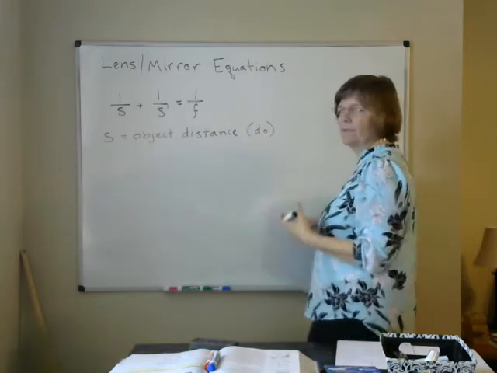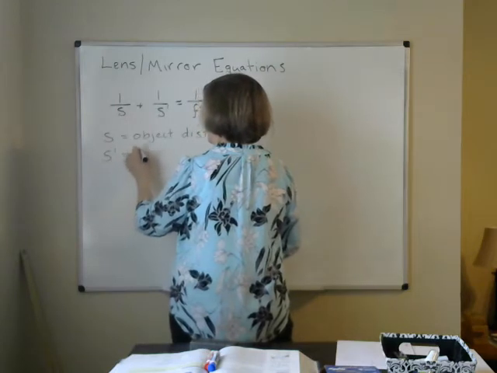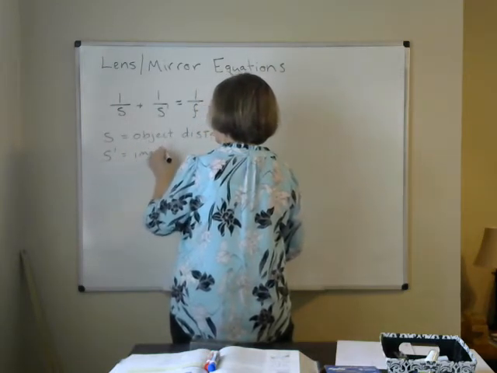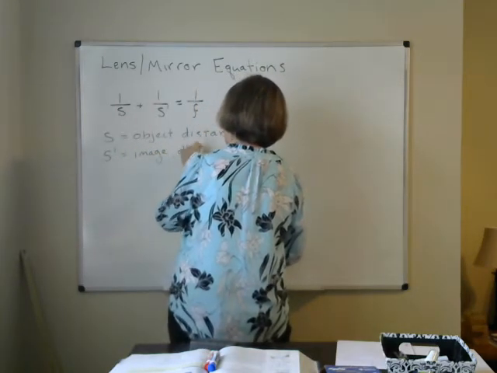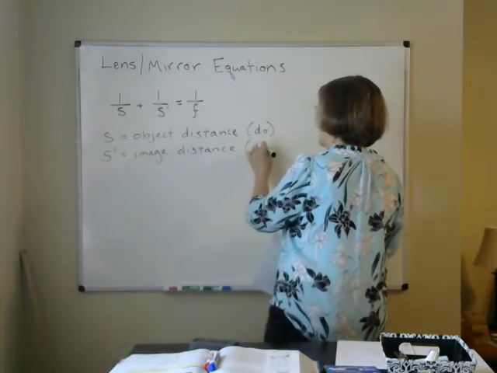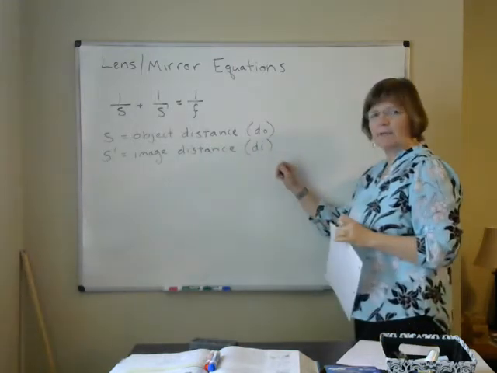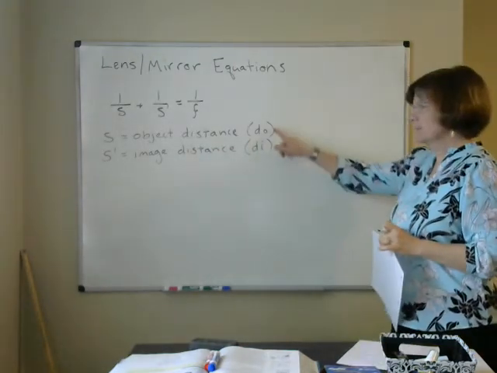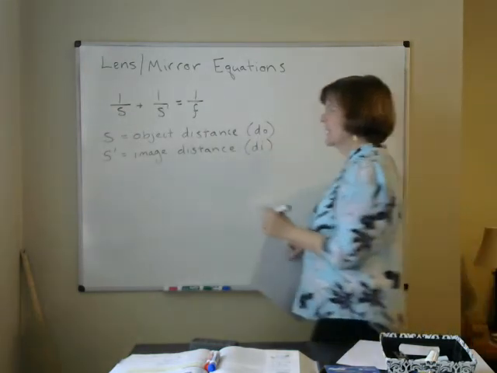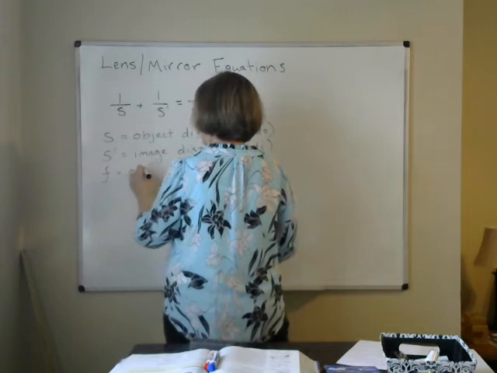Different text, different labeling. S prime is the image distance, and I want to say the lab uses DI. Those are definitely also used in some textbooks, especially high school textbooks will tend to use that notation. And of course, f we know is the focal length.